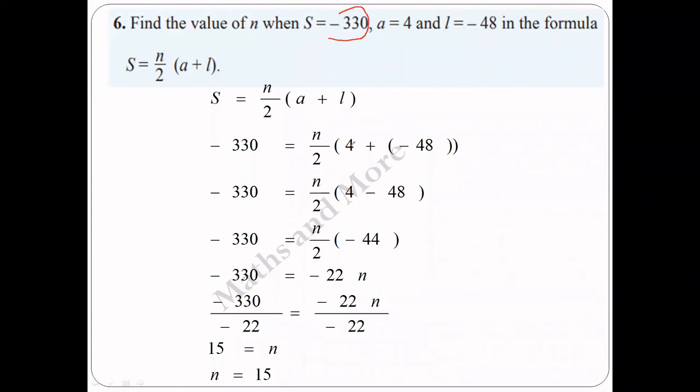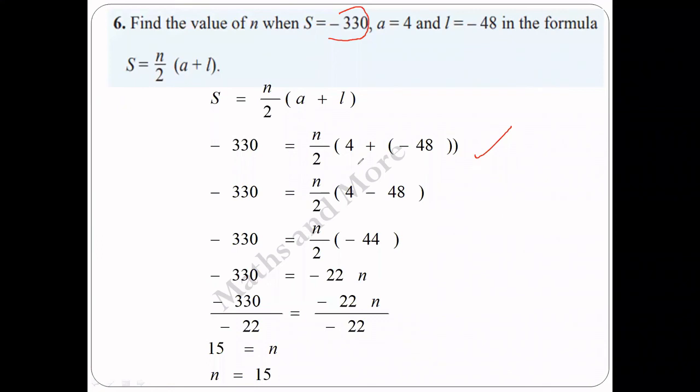Here the plus sign. l is minus 48. Close brackets. Now, if you can do the substitution, you will get some marks for that step.